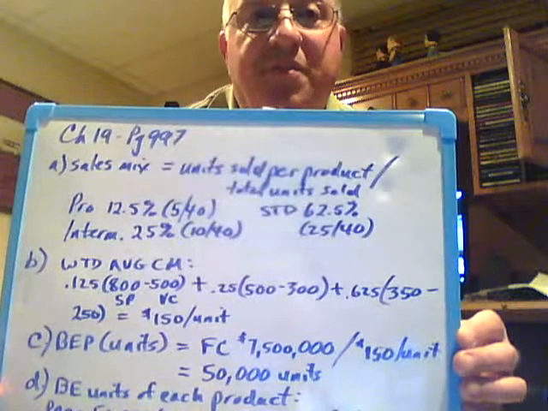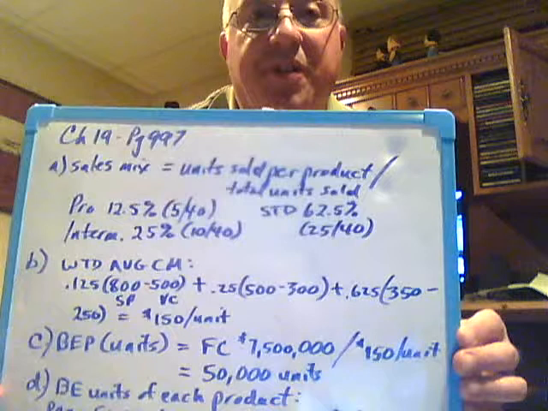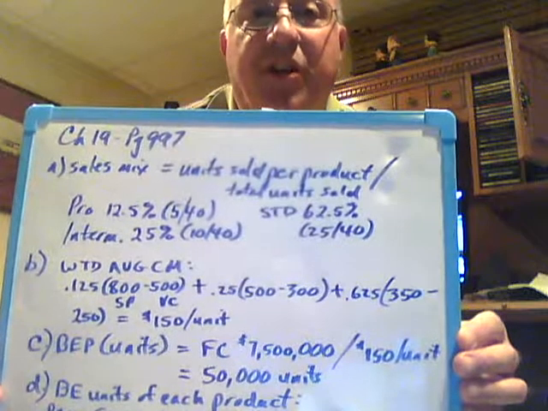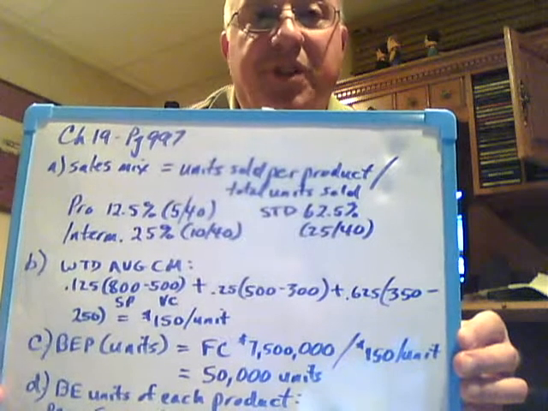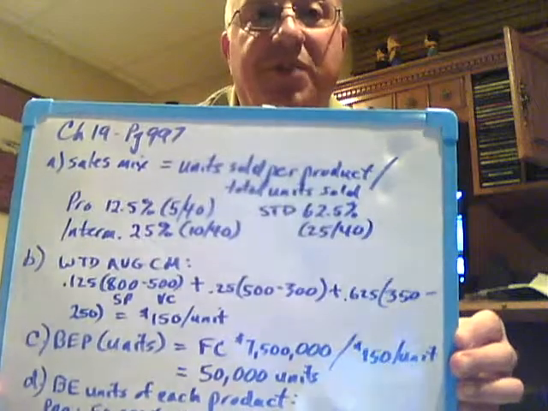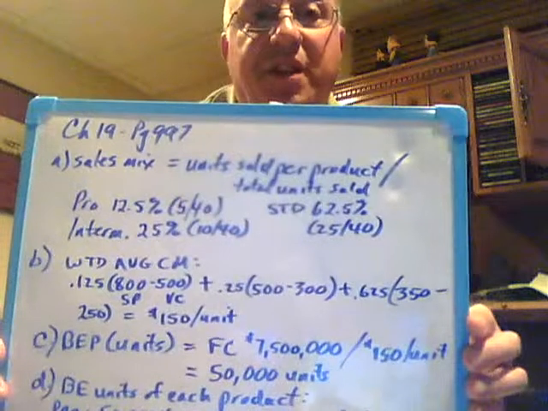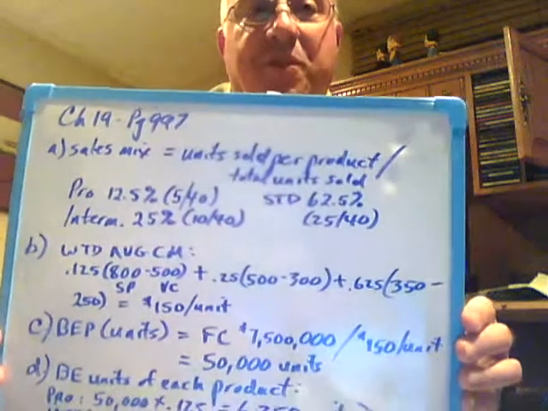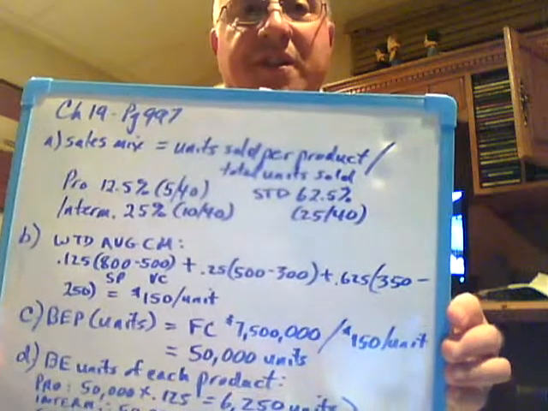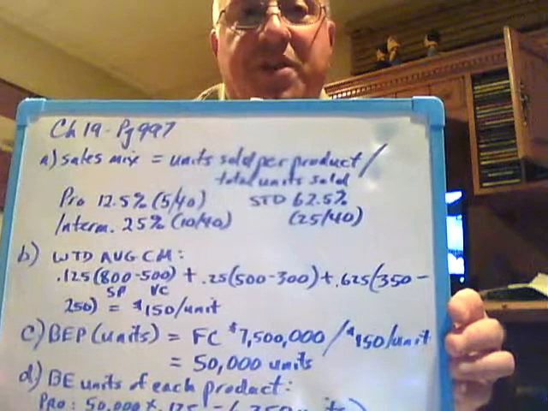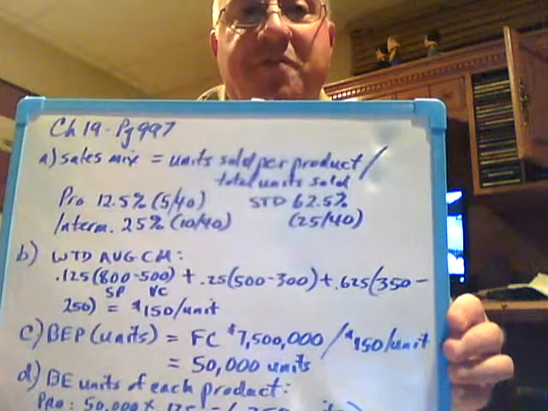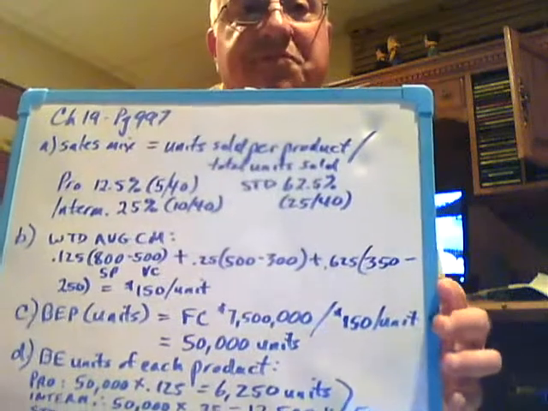So when we do that division, 7,500,000 divided by $150 per unit, we get 50,000 units as our break-even point. But that really doesn't mean a lot until we determine how much of that 50,000 we should plan to sell for each product line in order to break even.